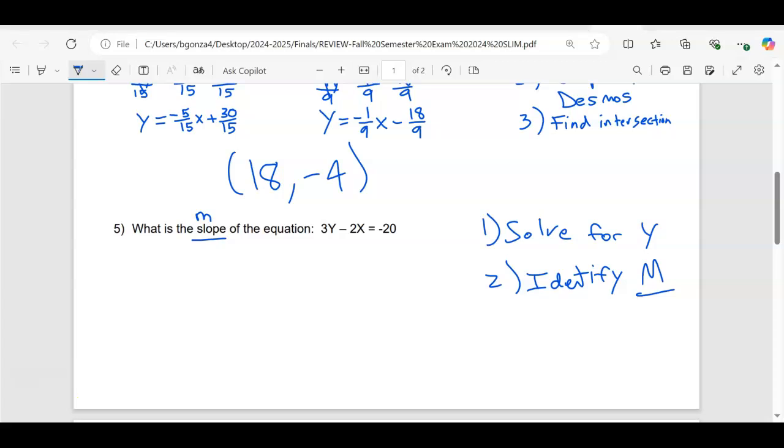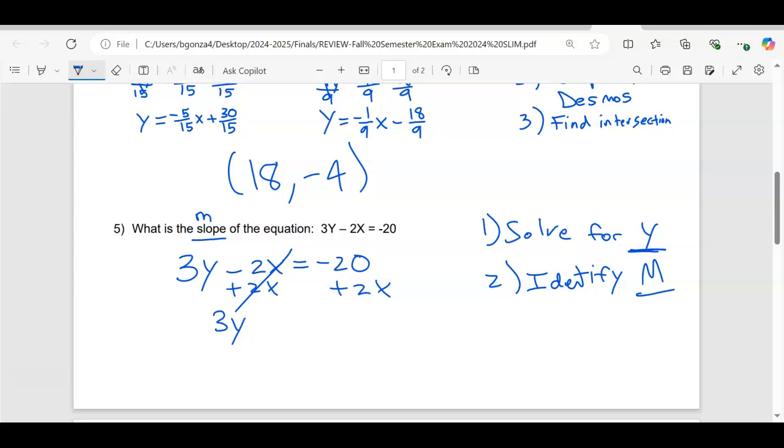Now, admittedly, I'll rewrite it. This one's a little weird because notice the y is here and the x is here. So if I'm going to solve for y, I need to get rid of the x. And what's the opposite of minus 2x? Plus 2x. Plus 2x.